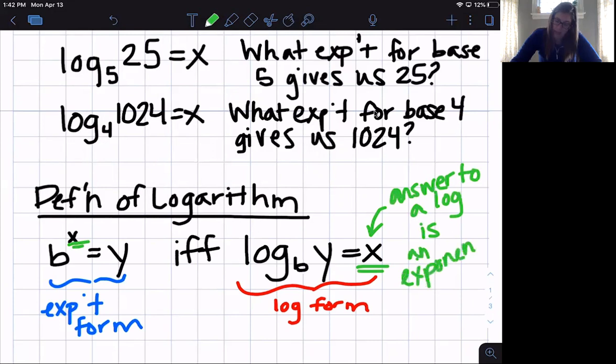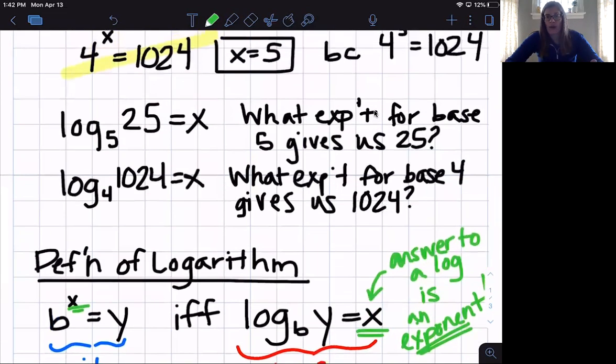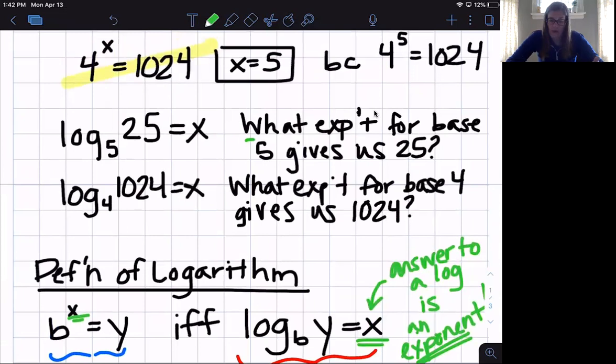So the answer to a logarithm is an exponent, meaning you're trying to think about these questions that I have phrased up here. What exponent for that base gives us this answer?